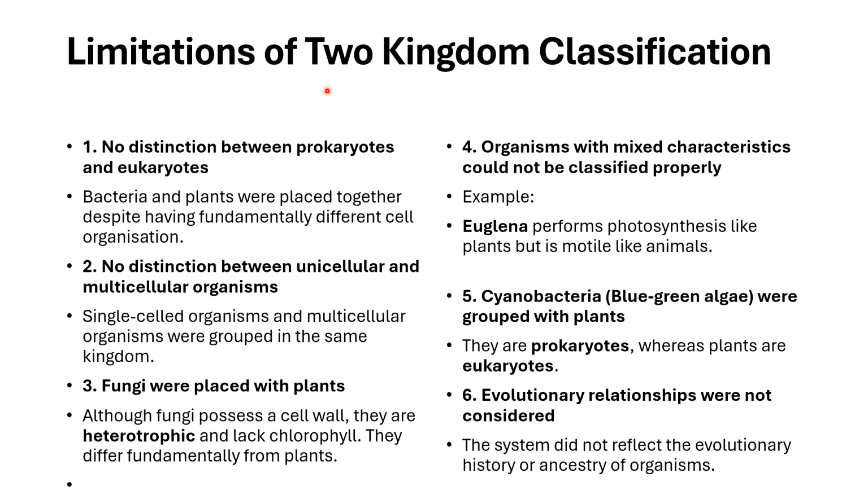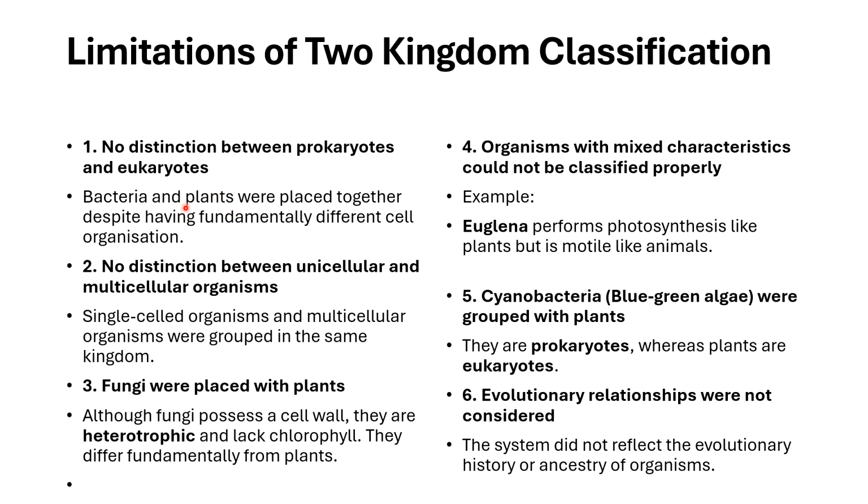So if you see here, the two kingdom classification obviously had a lot of limitations. Number one point is it did not clearly distinguish between the prokaryotes and eukaryotes. So if you see the plant kingdom, the bacteria were placed along with the plants. Now bacteria are prokaryotic in nature, plants are eukaryotic in nature.